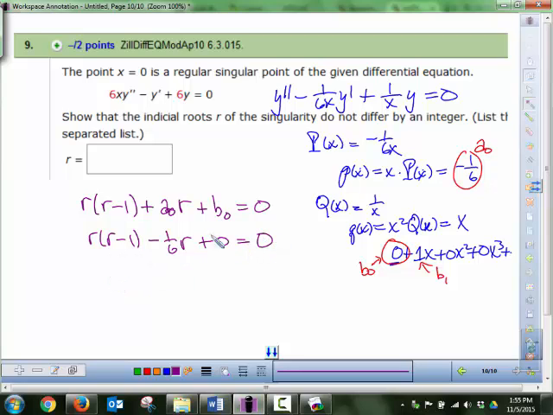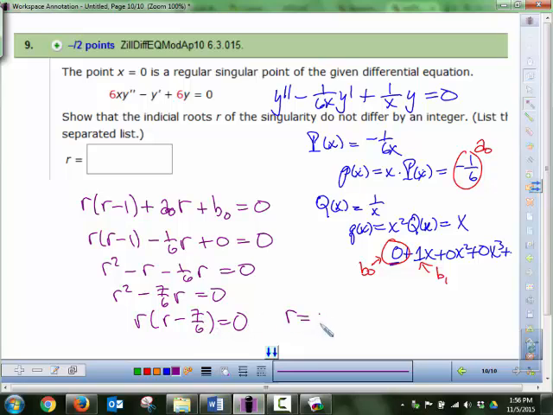So how's this going to look? It looks like it might be r squared minus r minus 1/6 r, which is minus 7/6 r. And then we can factor out an r. So we got r is equal to 0 and r is equal to 7/6. Okay. That was the easy part.